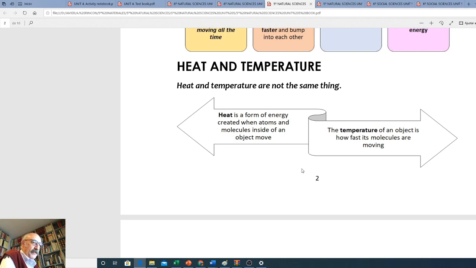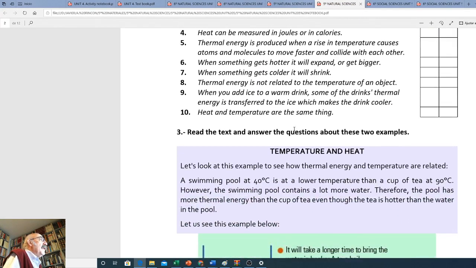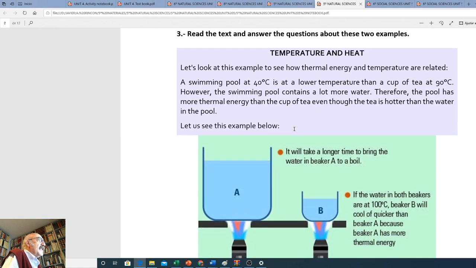They are very important for you to understand the difference between heat and temperature, and then this part about the thermometer. Having done that, you have to go to the exercise part, and you have there exercise number 3, that is about temperature and heat.